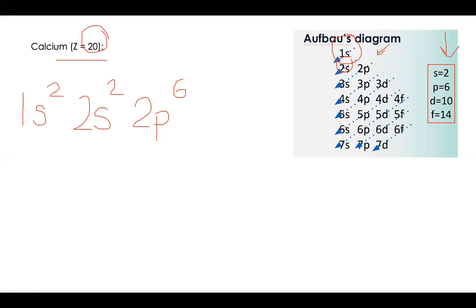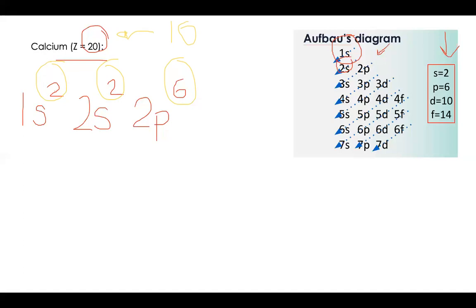So if I add 6 plus 2 plus 2, now I have 10, which is not the 20 that I need. I still need 10 more electrons to place. So I will move to the next one.